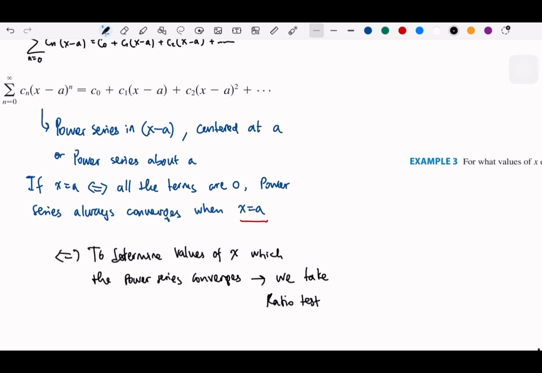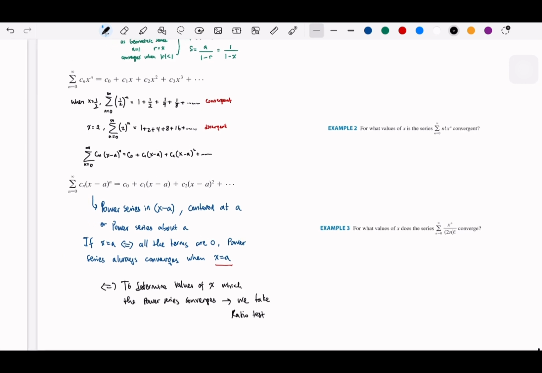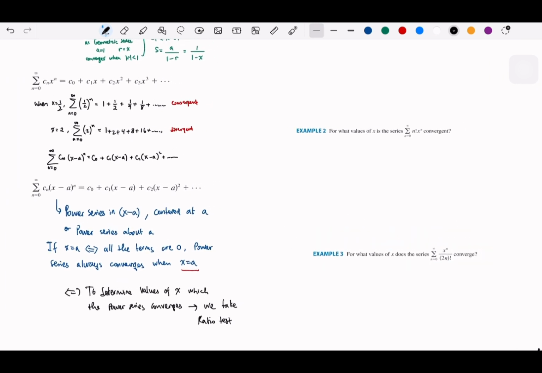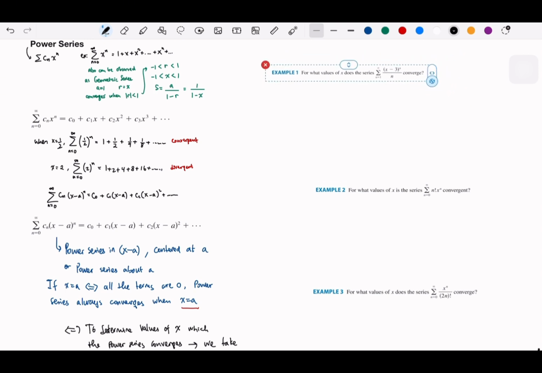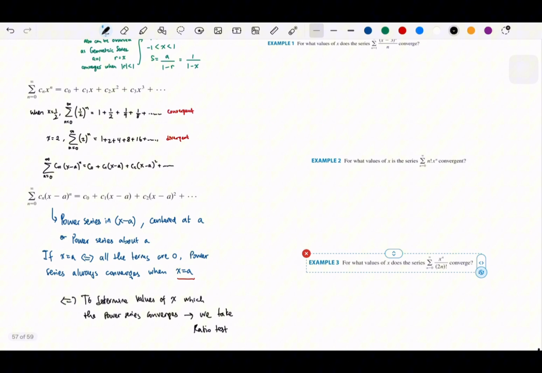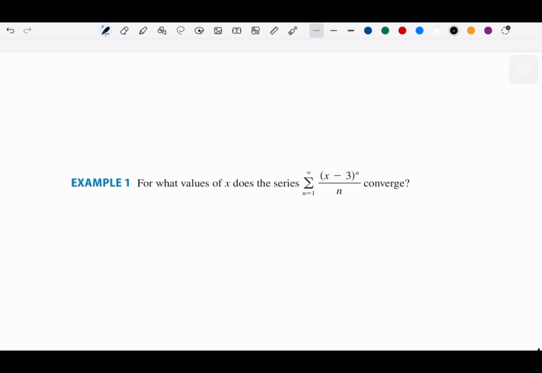So let's try 3 examples to see some conditions that might happen. We start from example 1.